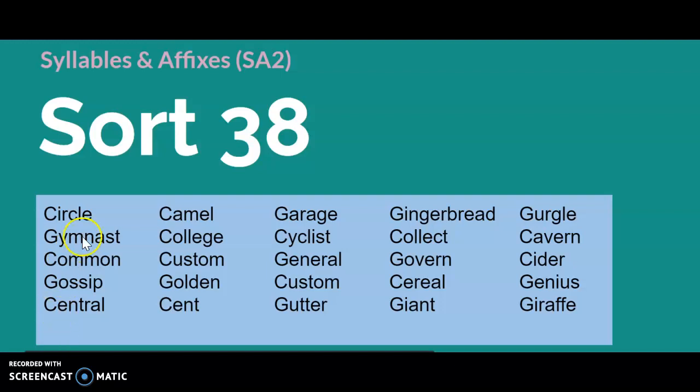The first one is common. Common means shared or jointly, but it also is used to talk about what people have in common, so what similarities they have. You could describe things that you have in common with your family members or your best friend.